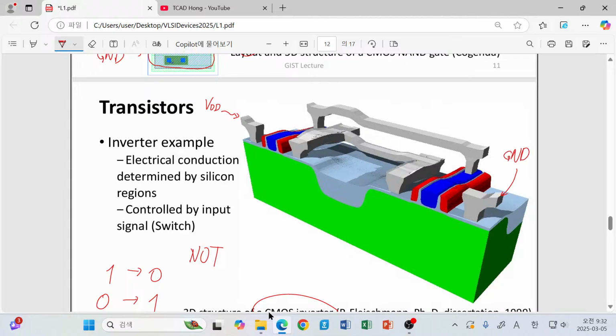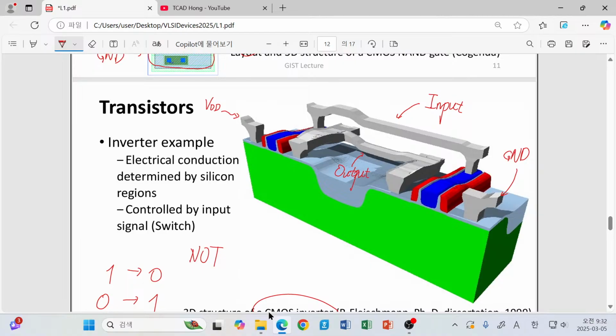Ground is regarded as the reference of your voltage. This is 0. And here you have two different metal lines, and this metal line is used as your input, and this metal line is used as your output.